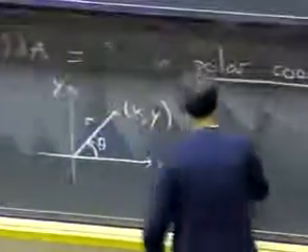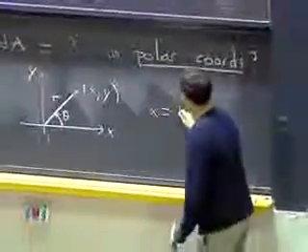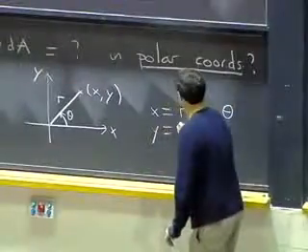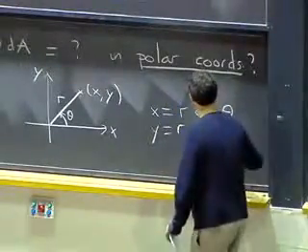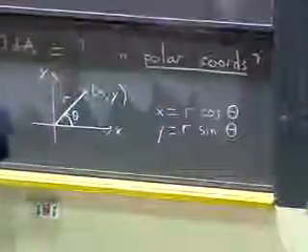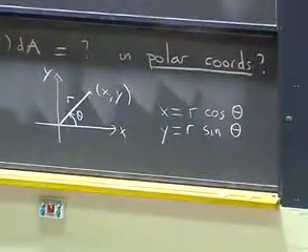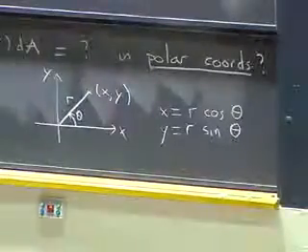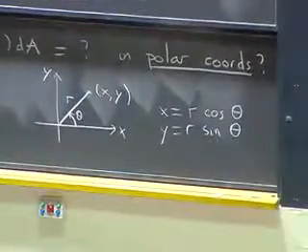So in terms of r and theta, you have x equals r cosine theta, y equals r sine theta. So the claim is we are able to do double integrals in polar coordinates. We just have to learn how.